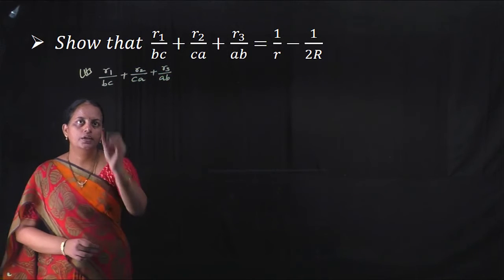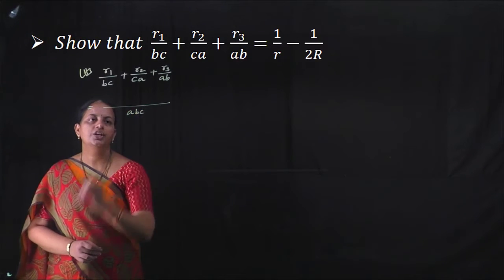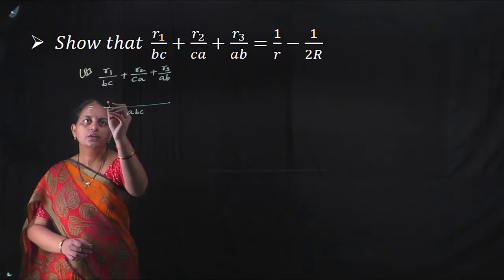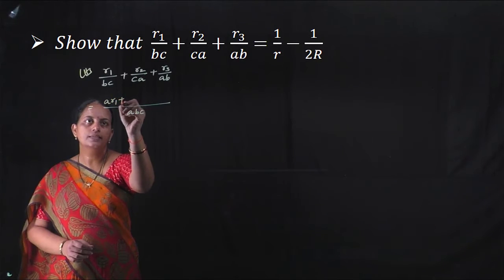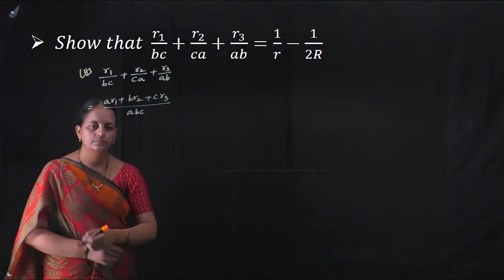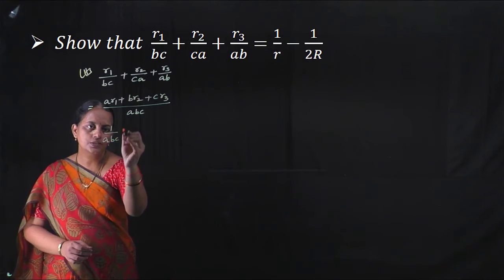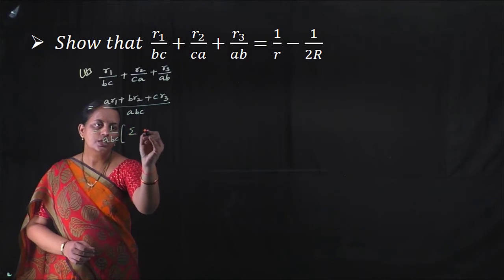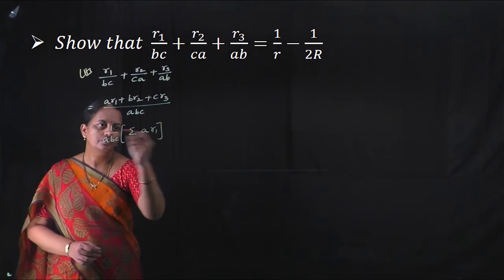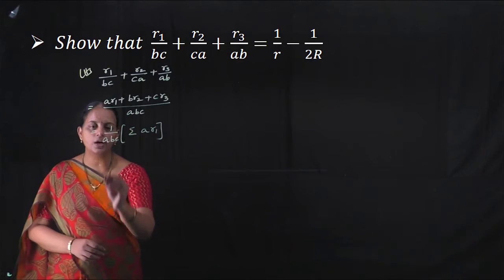Here the LCM is ABC, and in the numerator we get AR1 plus BR2 plus CR3. It can be written as 1 by ABC into sigma AR1.